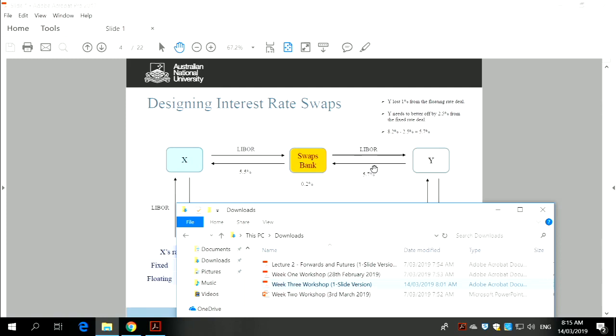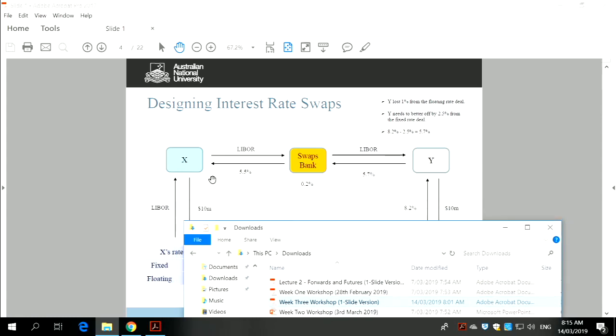Although there are alternative ways to do this, this is a simple way, right? So you only need to manipulate one thing, which is the fixed rate. If you want to do the alternative way, then you have to manipulate two rates, which takes too much time in the exam situation.